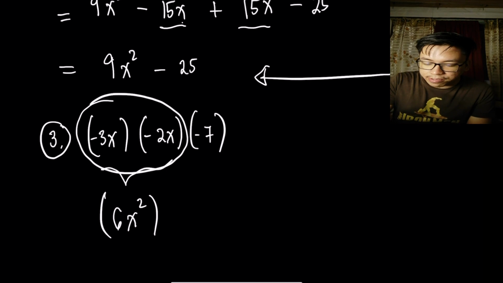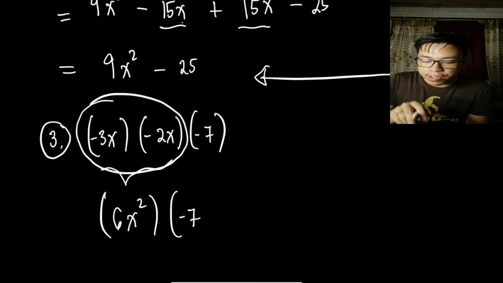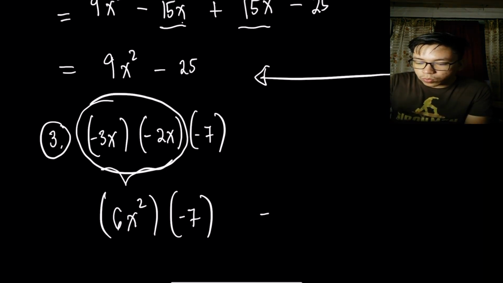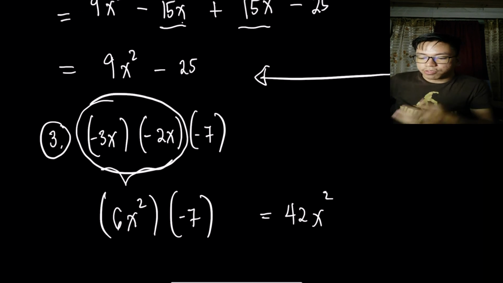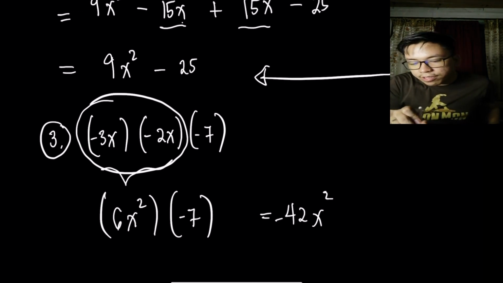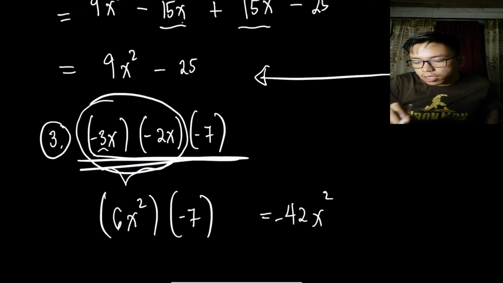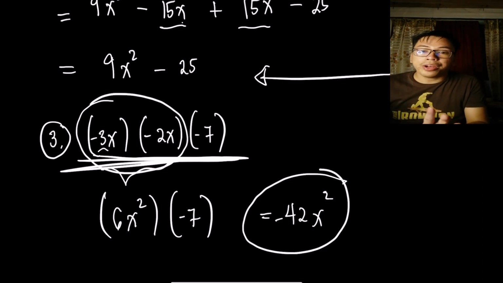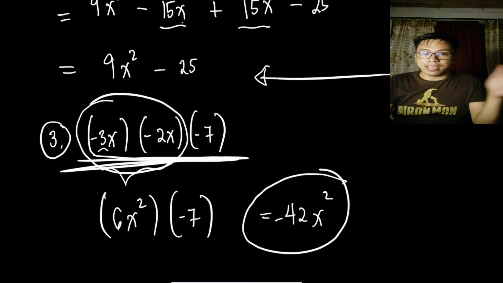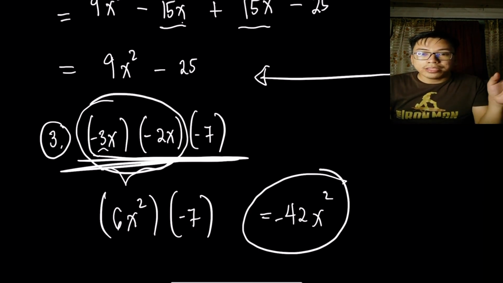And then in this case, this is 7. So 7 times 6, I get 42x squared. However, different sign, negative, positive, so this is negative. So if you notice, although they have the same signs here, the final answer is negative in the sense that they're all negative, but that's more than 2.